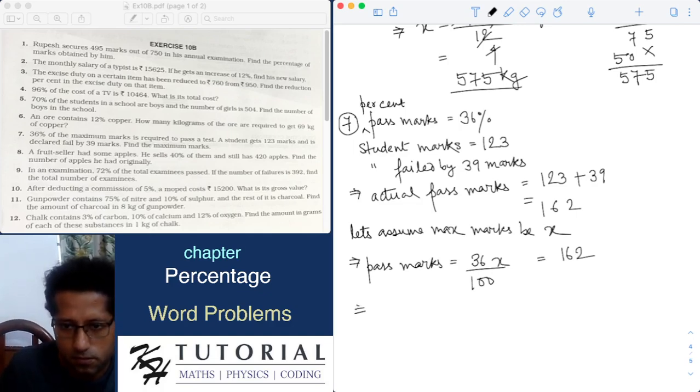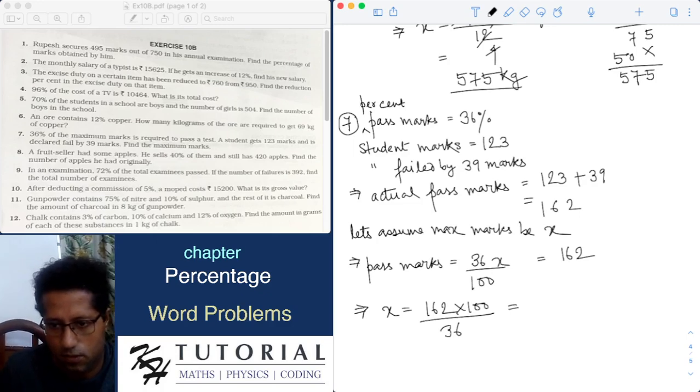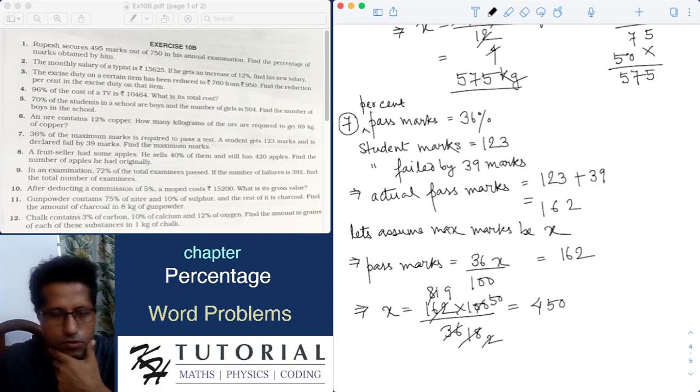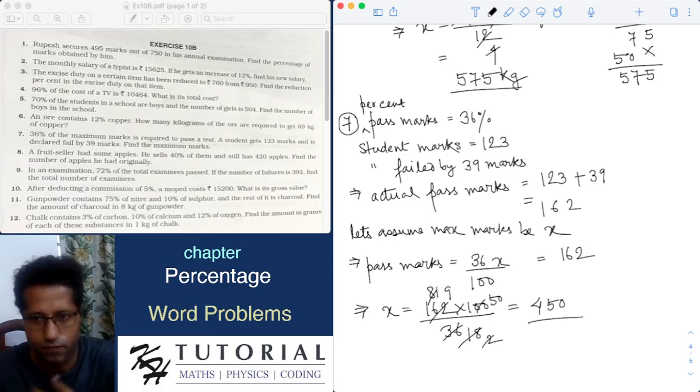This implies that x equals 162 multiplied by 100 divided by 36. This is 450. X is 450. We have assumed x to be the maximum marks. So the maximum marks is 450.